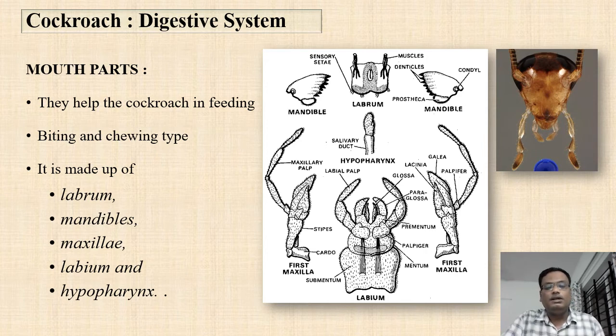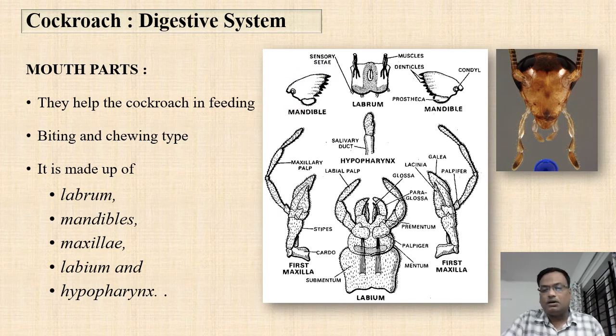Now, the cockroach mouth parts are made up of labrum, mandibles, maxillae, labium, and hypopharynx. This is the labrum part. We call it the upper lip, and it is mainly there to hold the food when it is going to cut the food into small pieces. And we find one pair of hard structures called mandibles.